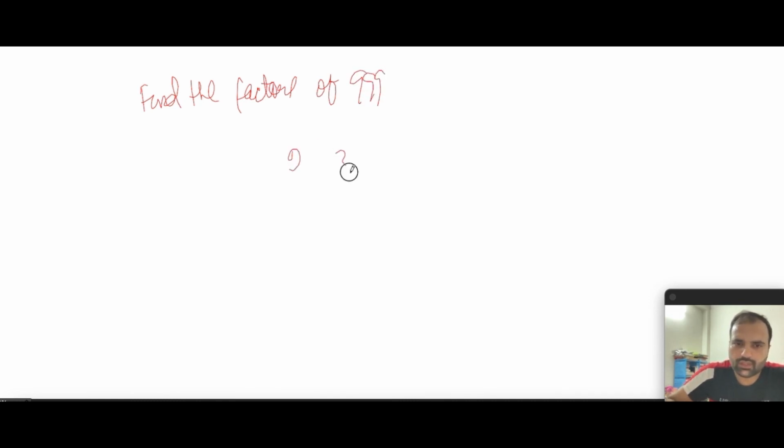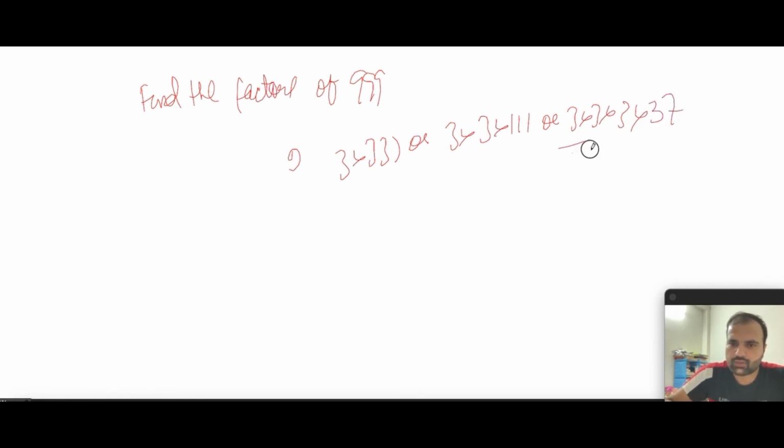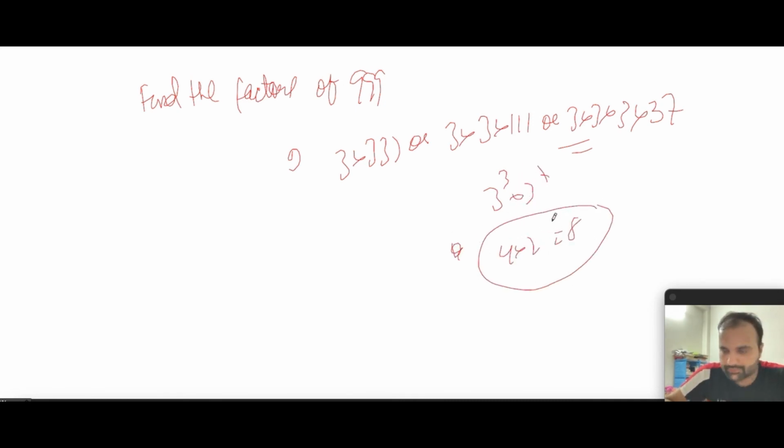So simple: 3 into 3, 3, 3, or 3 into 3 into 1, 1, 1, or 3 into 3 into 3, 3, 9, 37. So what do we have? 3 cube into 37, so the number of factors will be 4 into 2 equal to 8. Okay, so I hope this concept is very much clear.